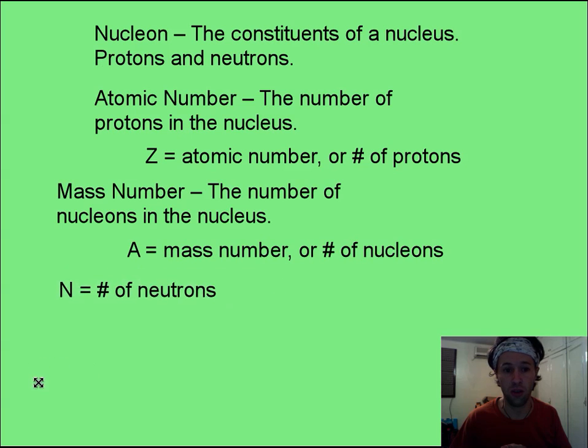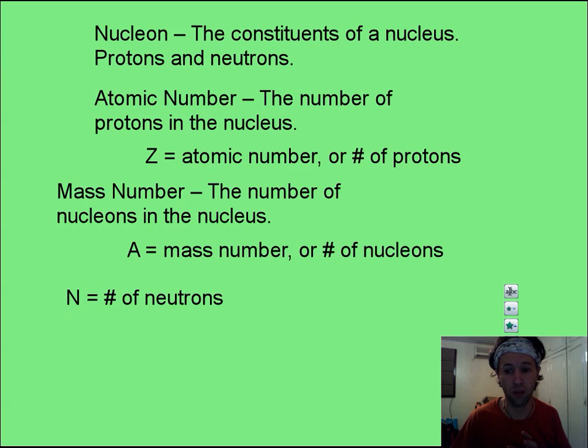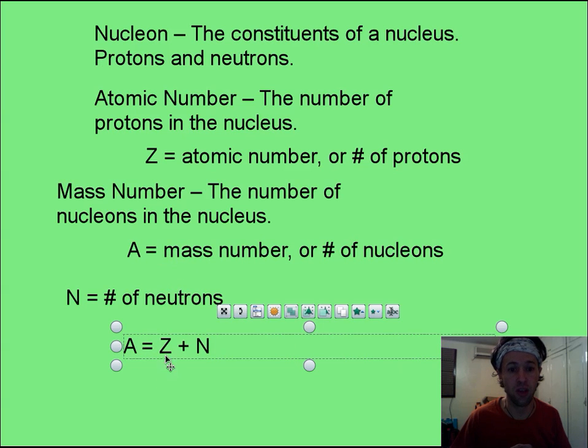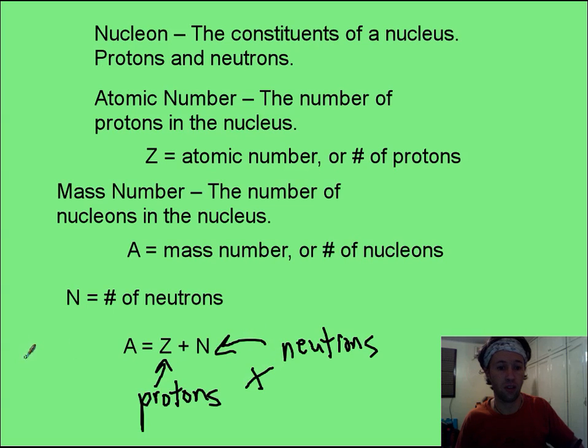Another symbol is N, to represent how many neutrons there are, and it's easy enough to figure out, because protons plus neutrons has to equal the mass number.